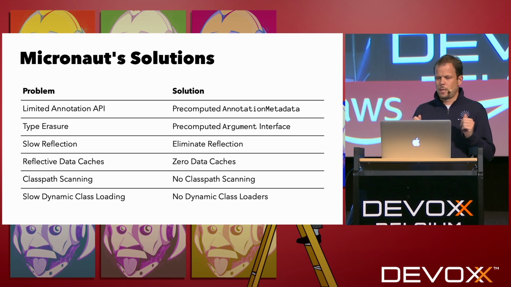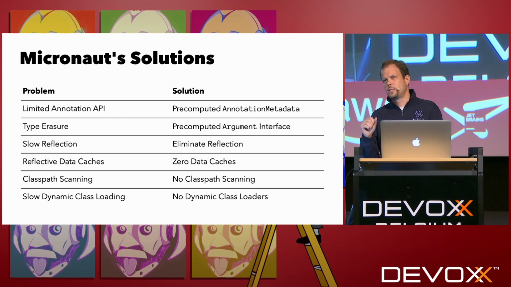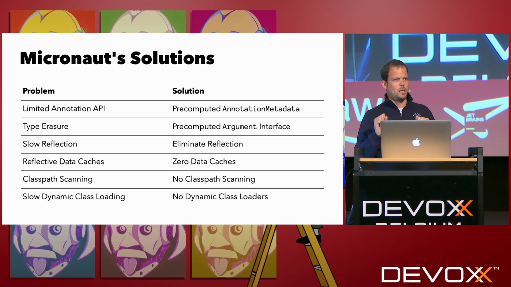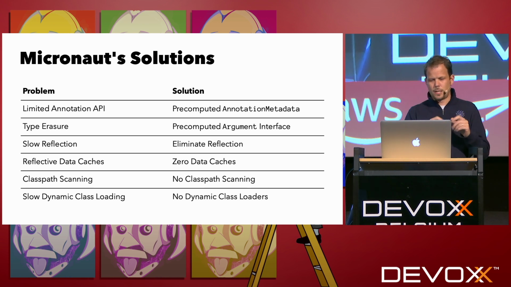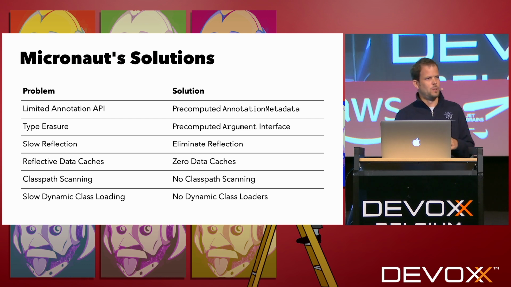So at compilation time, it pre-computes what we call annotation metadata for every case where the framework needs annotation metadata, whether it be on a particular class that is annotated with a particular annotation, like @Controller, or on a method, for example, like @Get, and it pre-computes.